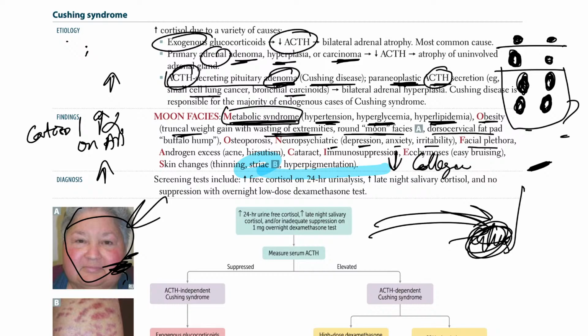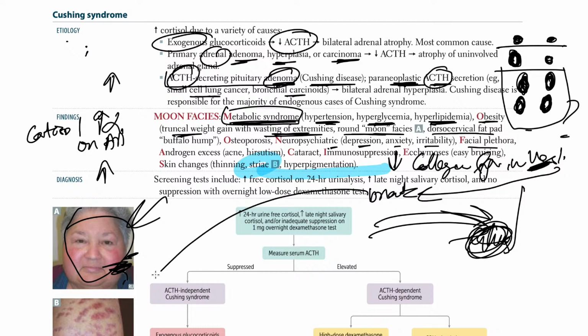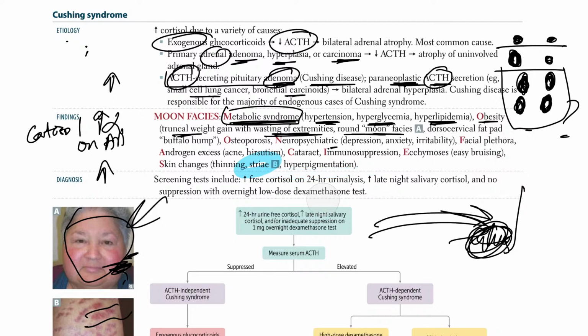They cause a decrease in collagen synthesis in the vessels, and when you decrease collagen synthesis in vessels, the vessels will break, leading to formation of these strias, as you can see in this picture. Okay. And that would also lead to easy bruisability, so ecchymosis. Okay. And one thing they haven't mentioned is that with easy bruisability and decreased collagen synthesis, there's a decrease in wound healing.